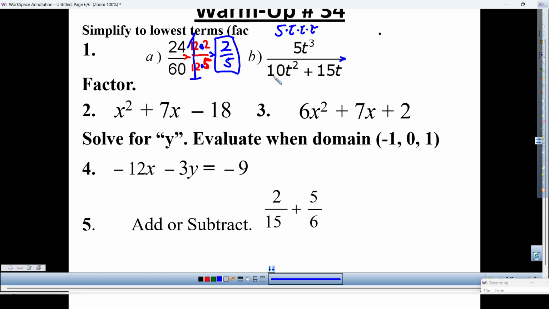The denominator, we have 2 times 5 times t times t plus 3 times 5 times t. Do you agree with that so far? The 10t squared is 2 times 5 times t times t. Yes. Plus, how about 15? 3 times 5 times t.